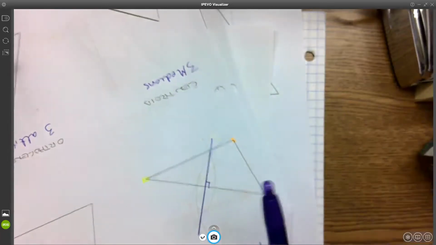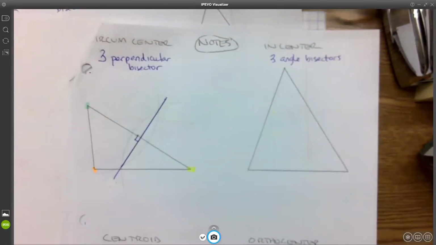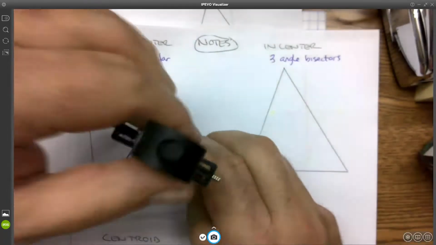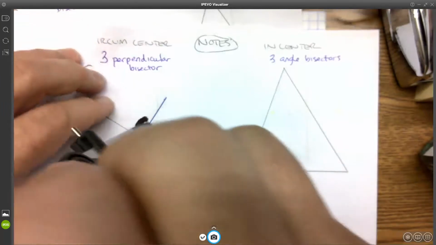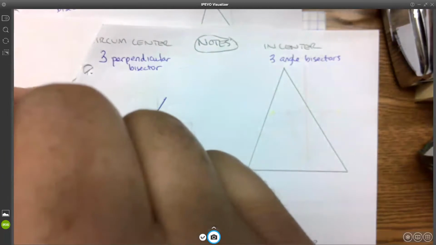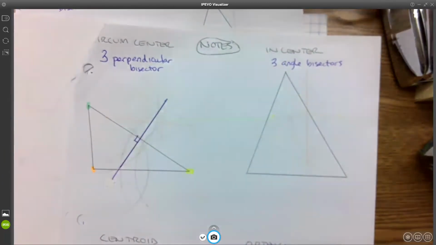Okay, so now let's turn it to look at our next bigger side and do the same thing again. Now I'm doing it between the yellow and the orange. More than halfway. And the hardest part about this is keeping track of which arcs are which.